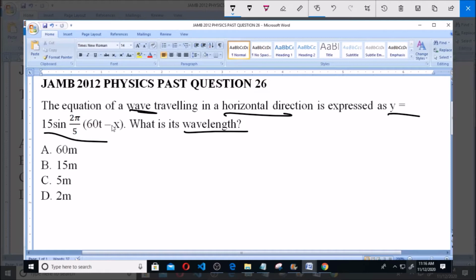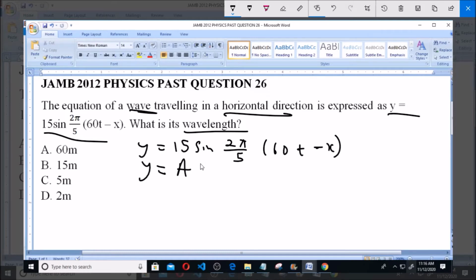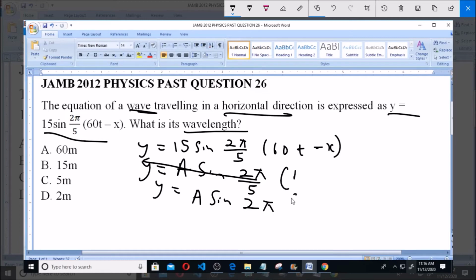In order to do this, you compare this equation, y equals 15 sin of 2π over 5 (60t minus x), with the general wave equation, which is y equals a sin 2π(ft minus x over lambda). So you'll be comparing these two equations in order to get the answer to this question.